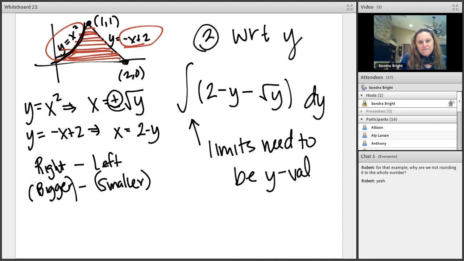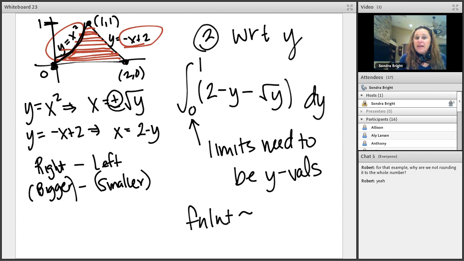And so the y values of this guy, you're going from 0 to this y right there. So from 0 to 1 is where you're integrating. So 0 to 1 of that guy, and you're going to just do fnInt, and it'll give you the exact same answer.